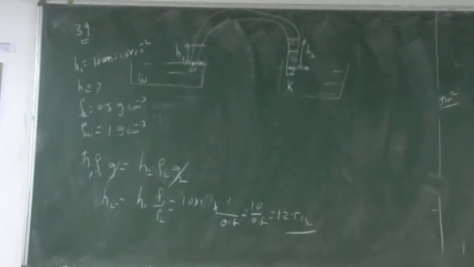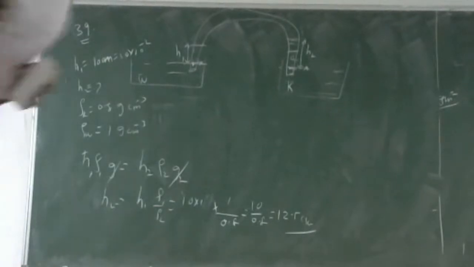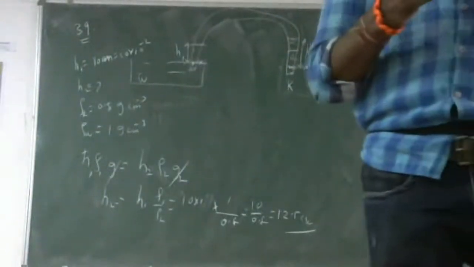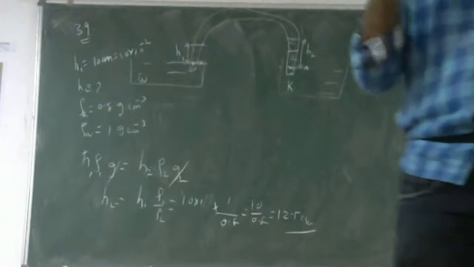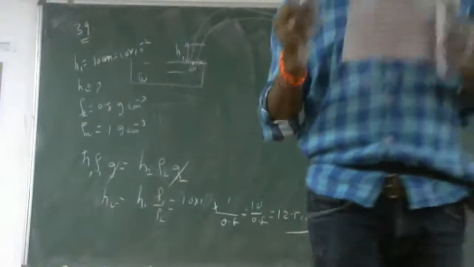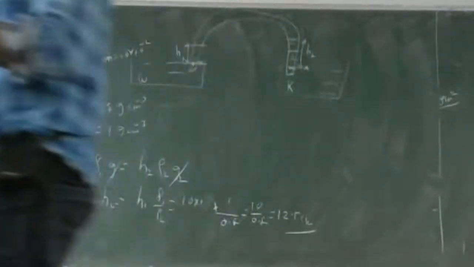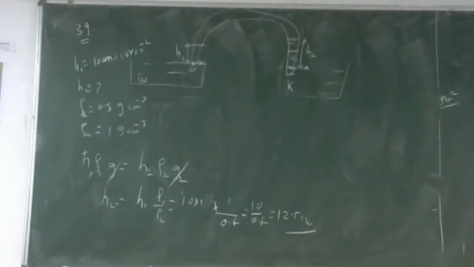Next, 38. Direct theory question. It says that in the given statements, the correct alternative is. The first option says SHM is necessarily periodic. SHM means simple harmonic motion.